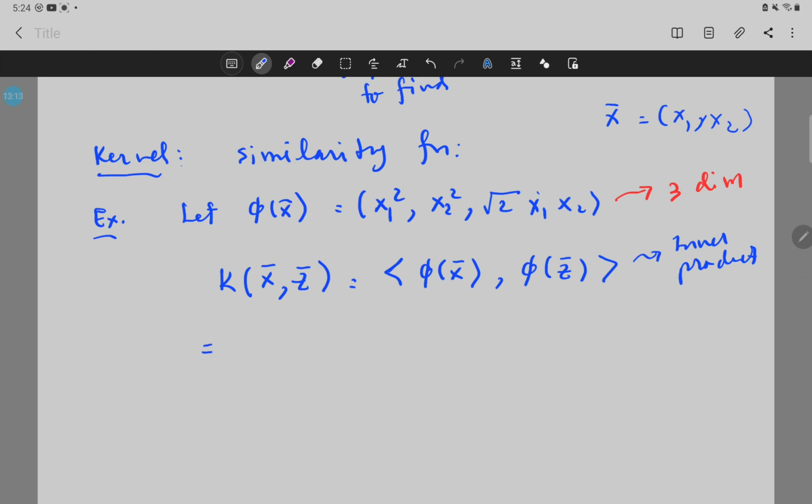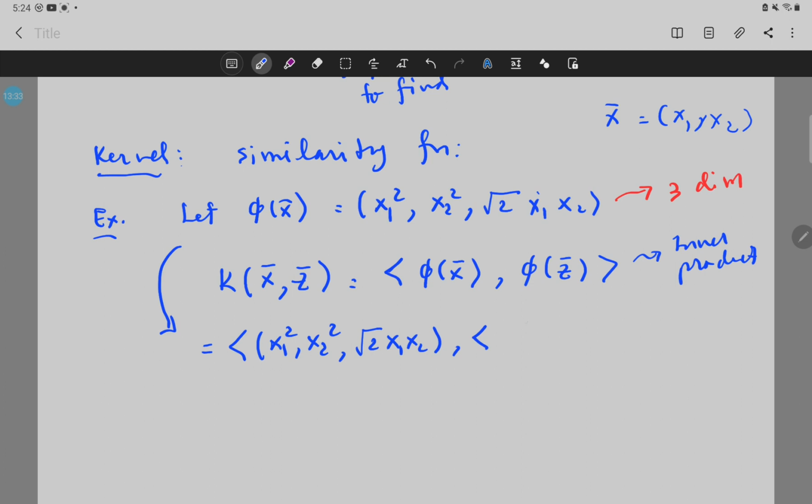So in essence, if we look at the above example, this is the inner product of x1 squared, x2 squared, and then square root 2 x1 x2.